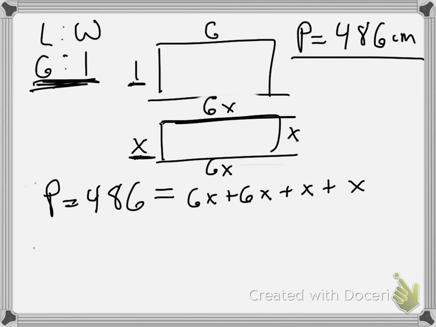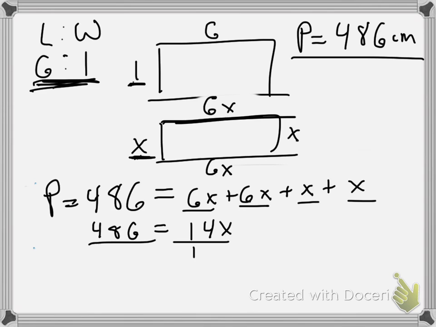If I combine like terms, 486 equals, well, 6x and 6x makes 12x plus x would be 14x. I could divide both sides by 14, and I find out that x is equal to 61.7. And we're in centimeters.